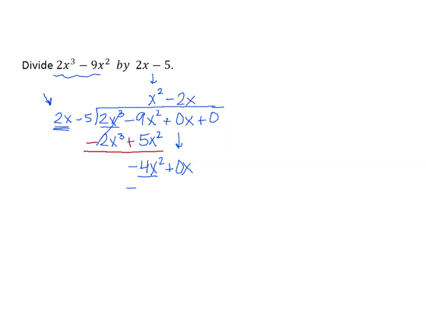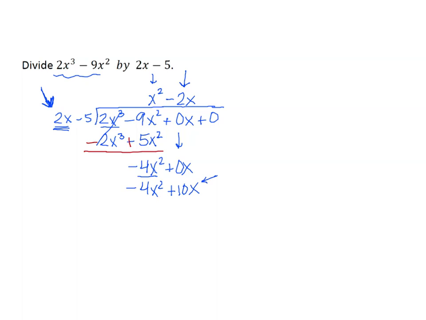Multiply those together to get negative 4x squared. And then negative 2x times negative 5 will give us a positive 10x. Because remember, each time you write a term up here, you have to multiply it by your divisor, and then write it here, or in the next line.